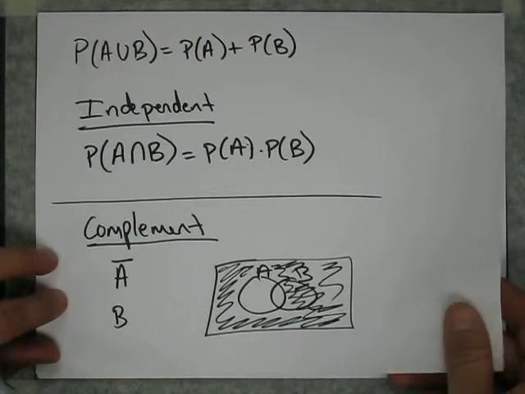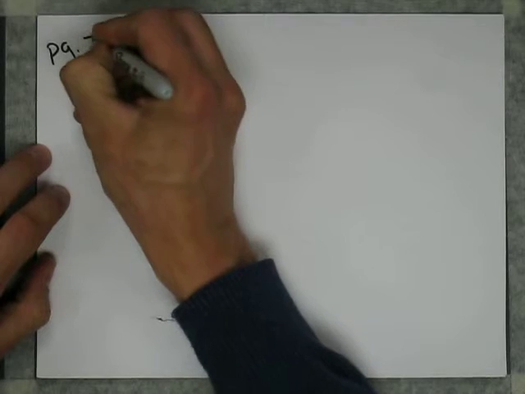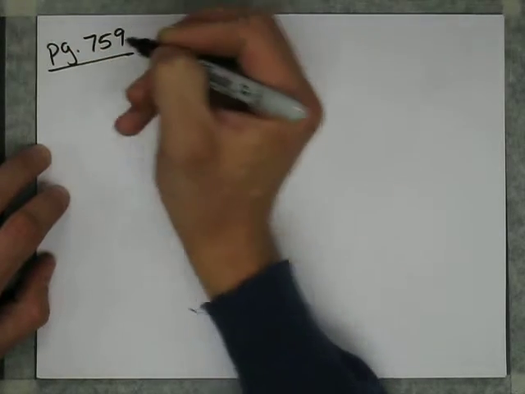All right, so enough about notation and Venn diagrams. Let's do some examples. Go to page 759. Open up your book. Let's take a look at number 2. It says a single marble is drawn from a bag containing 3 red, 5 white, and 2 blue.